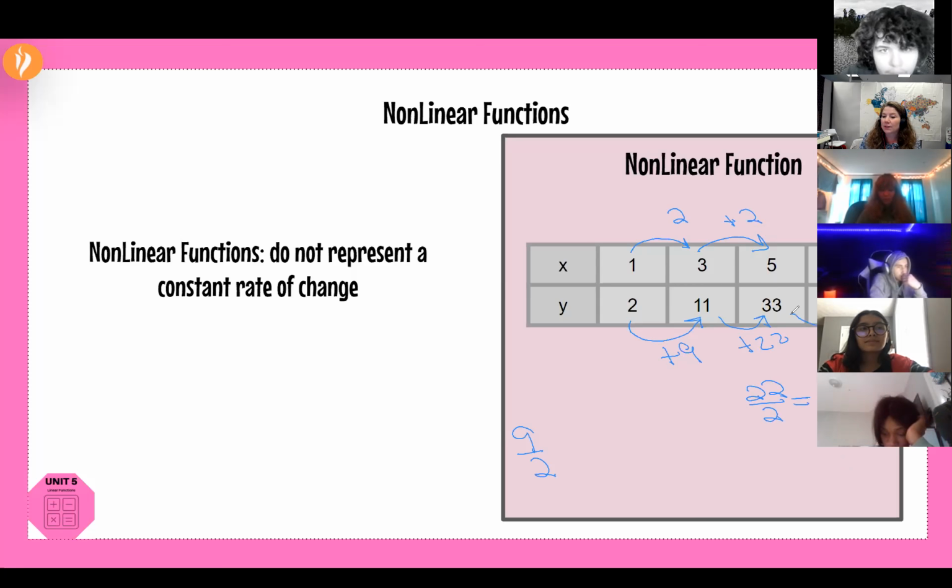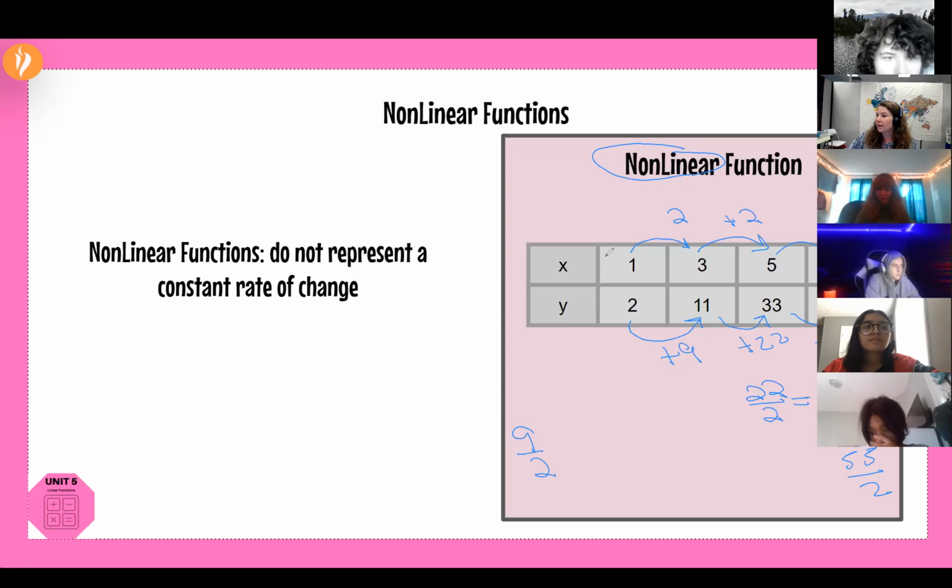And then from 33 to 88, that would be +55/2. So our rates of change definitely are different, aren't they? So this is nonlinear, and that's why, because there is not a consistent rate of change. All right, everybody understand?